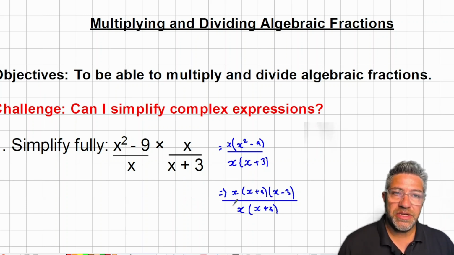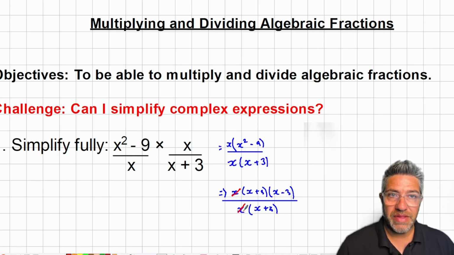At this stage, you'll notice we're multiplying between terms, and whatever we have in the numerator, if it has a corresponding expression in the denominator, they will cancel. So x and x, their corresponding expressions in the numerator and the denominator, we can cancel.